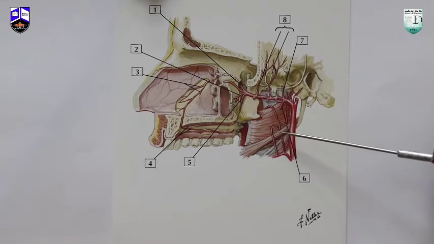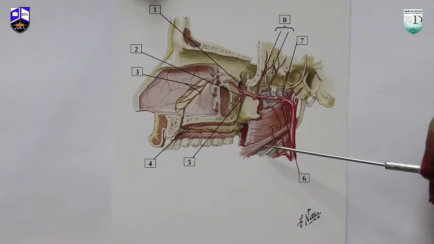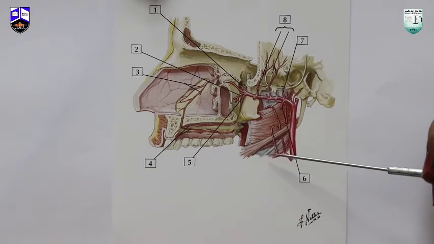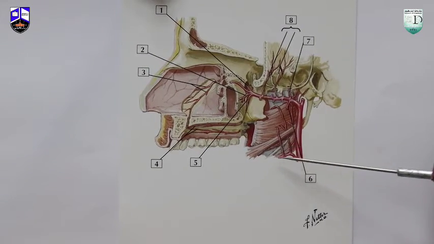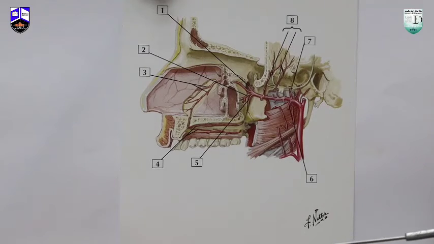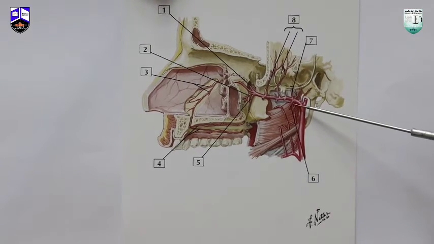This branch enters the mandibular foramen and runs within the mandibular canal to supply the pulp of the mandibular molars and premolars, as well as the body of the mandible. Then it divides into 2 branches, the incisive and the mental. The incisive continues forward within the canal to supply the pulp of mandibular anterior teeth, while the mental exits through the mental foramen in the mandible to supply the chin and the lower lip.